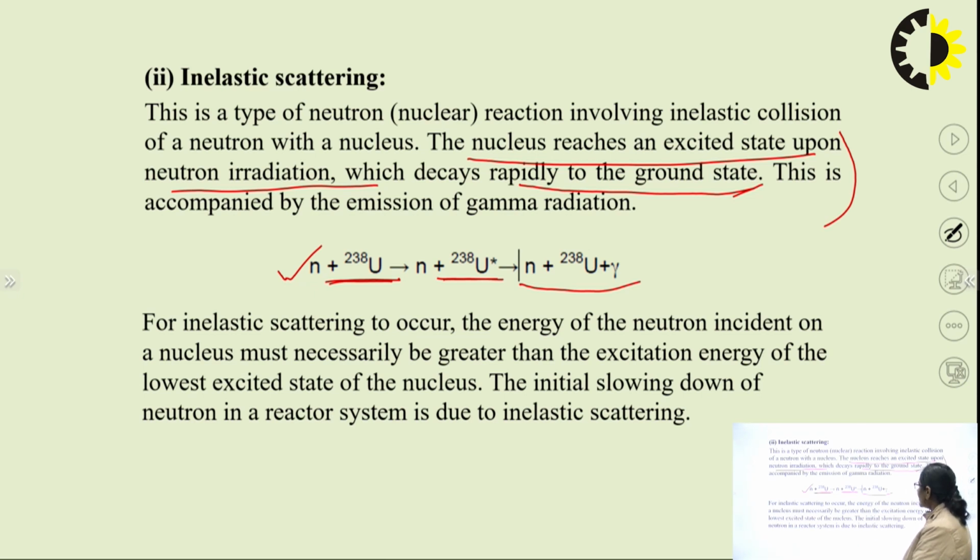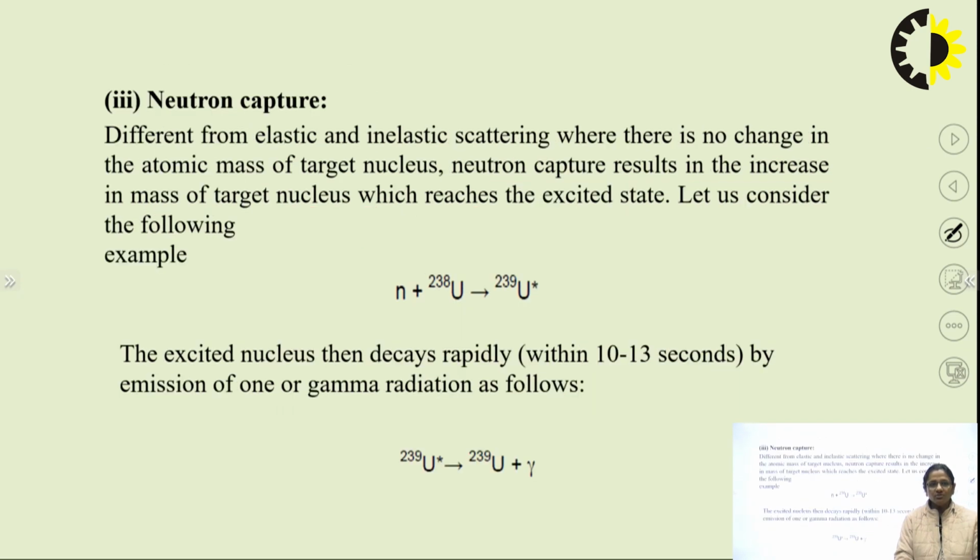For inelastic scattering to occur, the energy of neutron incident on a nucleus must necessarily be greater than the excitation energy of lowest state of the nucleus. The initial slowing down of neutron in the nuclear reactor is due to the inelastic scattering.